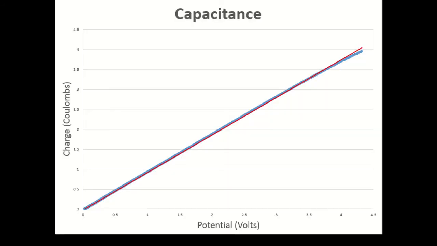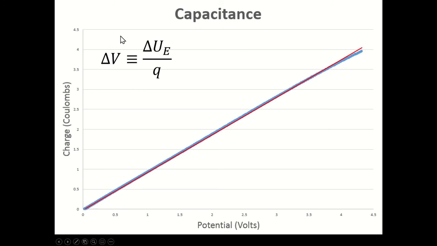So let's talk about how much energy it stores. If we start out with no voltage on the battery, we aren't going to have any charge. But we should see a linear relationship between potential and charge, because for a particular capacitor, it's directly proportional. Twice as much voltage should get us twice as much charge.